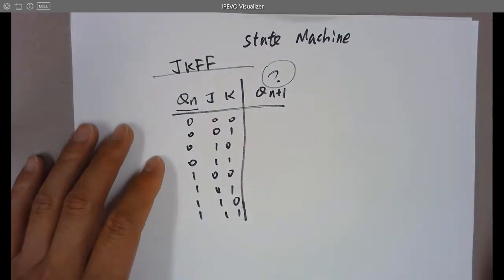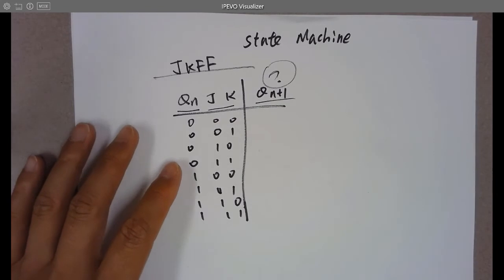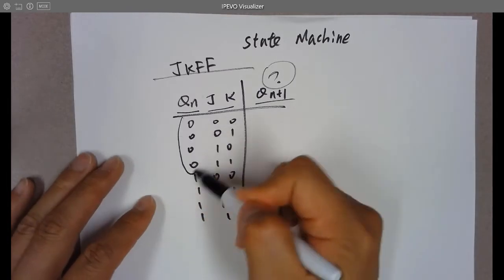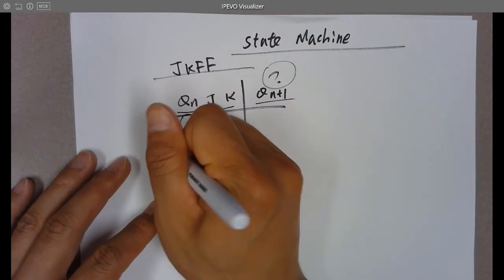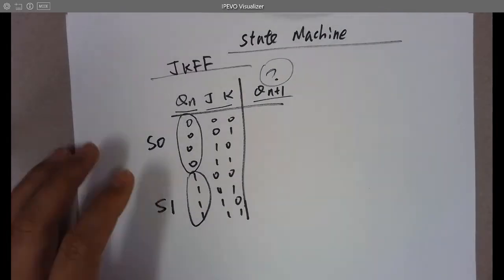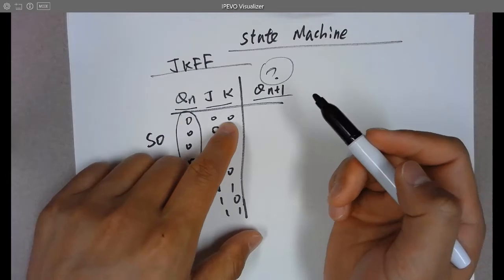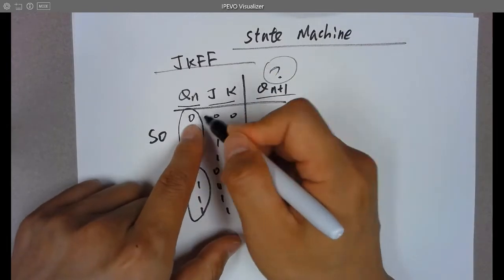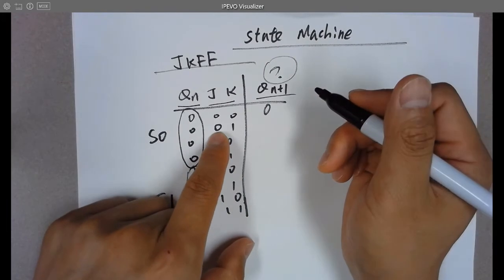Since the previous state is given and the inputs are given, we should be able to get all this Qn plus 1 here. Okay. So when Q is 0, we call this state S0 or state 0. When it is 1, we call this state 1. When J and K are 0, this is a memory. So memory will memorize the previous state, which is 0. 0, 1 is going to pass J to it.